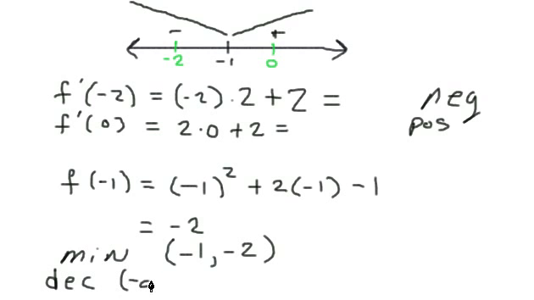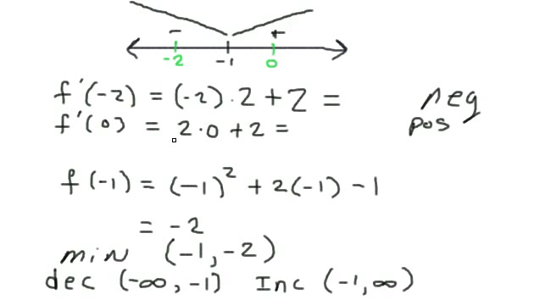It's decreasing from -infinity up to -1, and it's increasing from -1 to infinity. And we can see that just by looking at this graph right here, that the function is decreasing from -infinity to -1 and then increasing from -1 to infinity.